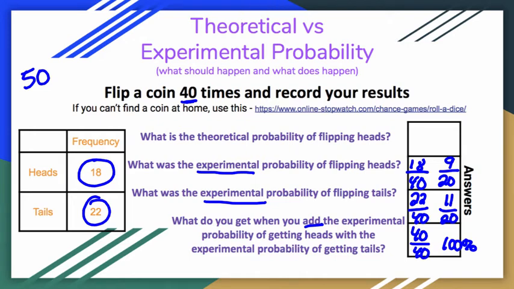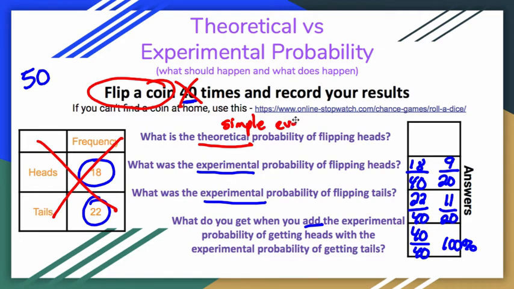Now, here's where we got tripped up. Theoretical probability. Theoretical probability doesn't care anything about the data you did, doesn't care anything about how many times you ran it. They just care that you're flipping a coin. So theoretical probability is our simple events. Remember our very first lesson.